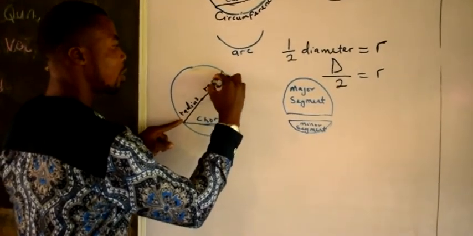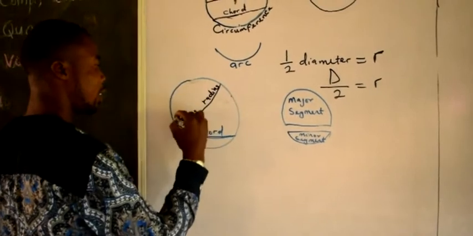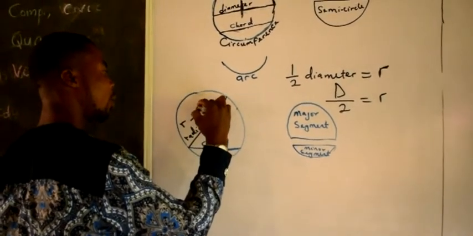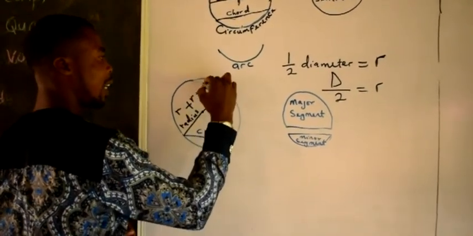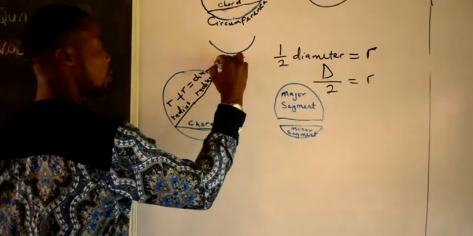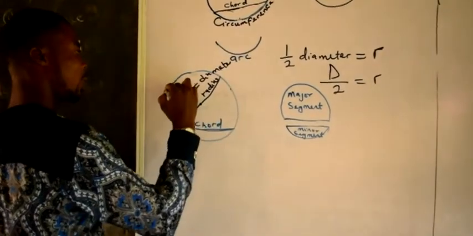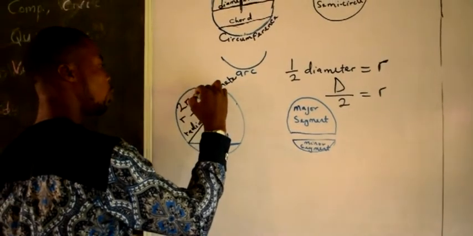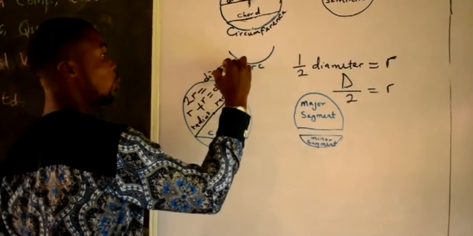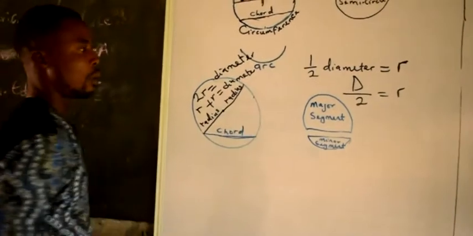This is another radius. That is, radius plus radius will give us the diameter. Which means that two radii will give us the diameter.